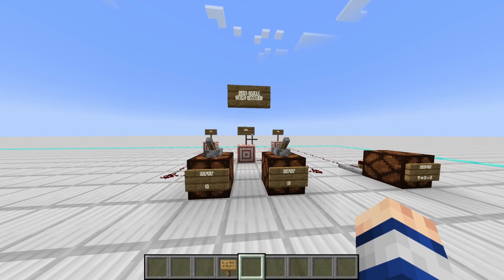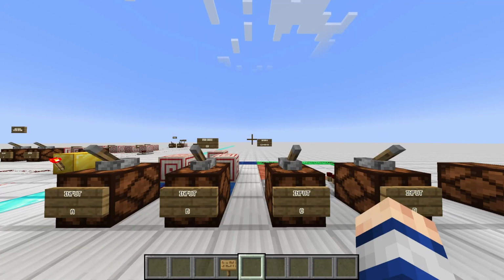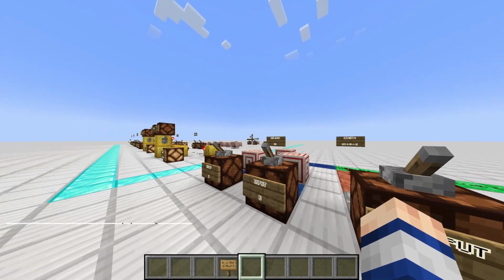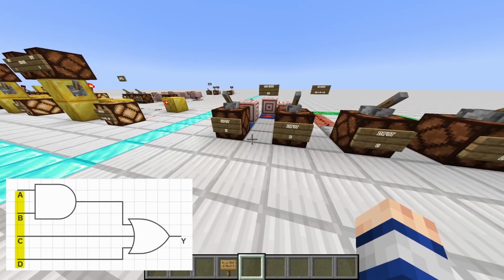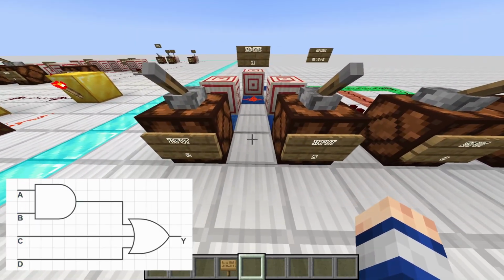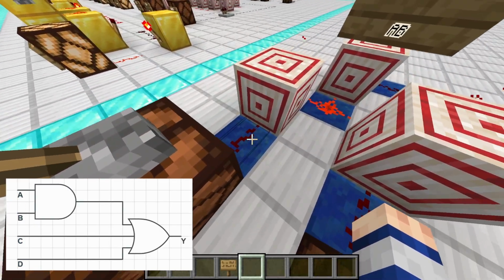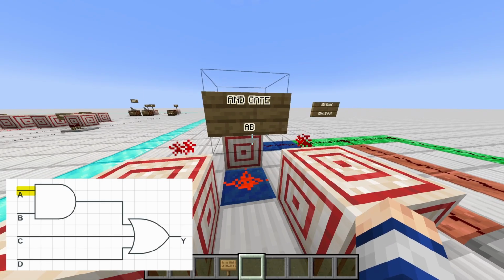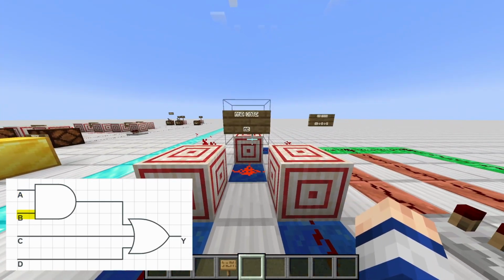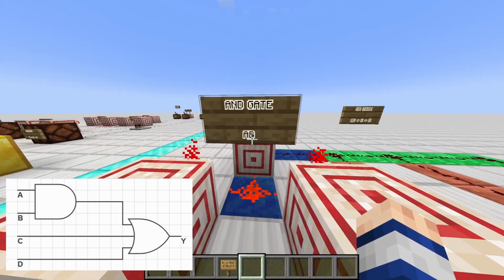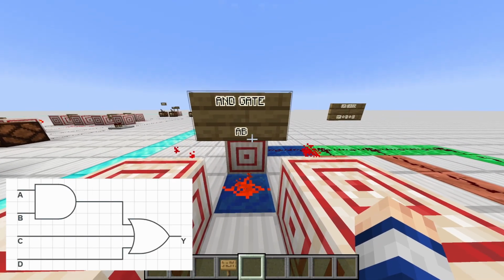So to cap off this episode, I want to make a very quick introduction to Boolean algebra. As you can see here, we have our 4 inputs, A, B, C, and D. And we can just directly look at where those inputs go. So A goes to here, which is an AND gate. And B also goes to the same AND gate. So we can say that A and B are being ANDed, A times B, as we discussed earlier.